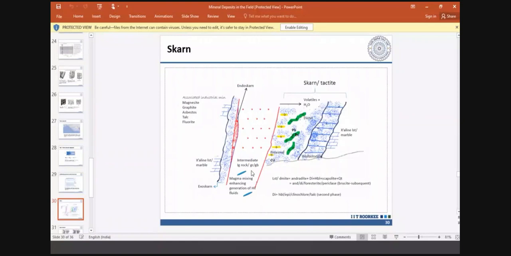It can be granite, it can be granodiorite, it can be tonalite. When it is interacting with the sedimentary rocks, there can be a lot of emanation of fluids, and finally it will create a lot of skarn. The skarn can carry a lot of metals like lead, zinc, sometimes wolframite, sometimes tin, for example, fluorite, asbestos, graphite. So a lot of things can happen in a particular skarn environment.